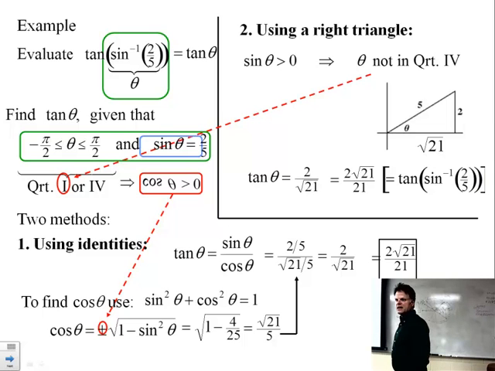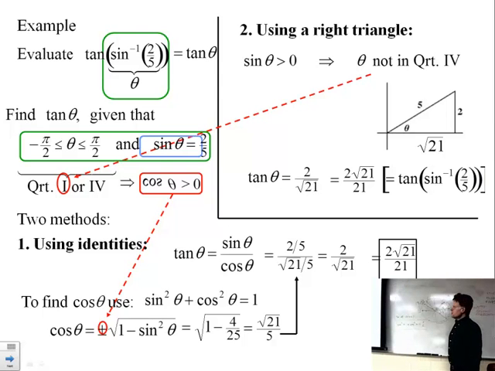Assuming that the value I start with is between -1 and 1, otherwise it's undefined, once we assume that, then we always get back the same thing. So a trig function and its inverse cancel if the inverse is on the right, and they just give you back the same value.